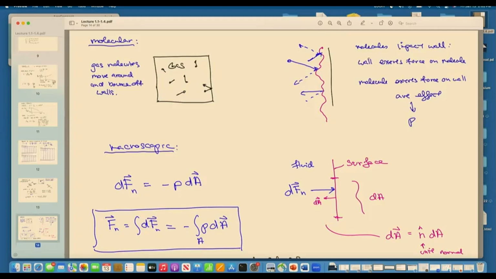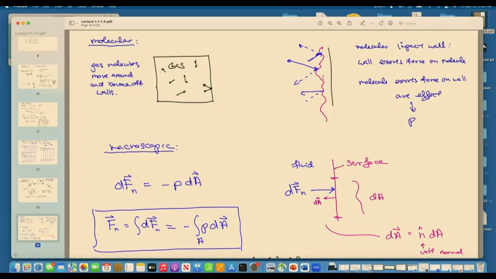Now, the macroscopic point of view, we're looking at the average of all of these molecules. For molecules that have some orientation downwards, there will be maybe just as many that have some orientation upwards. But the net effect is going to be some force towards the surface.